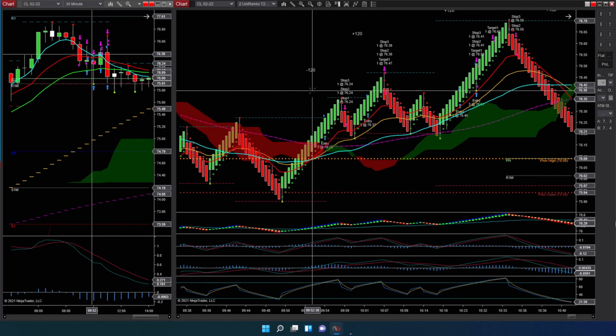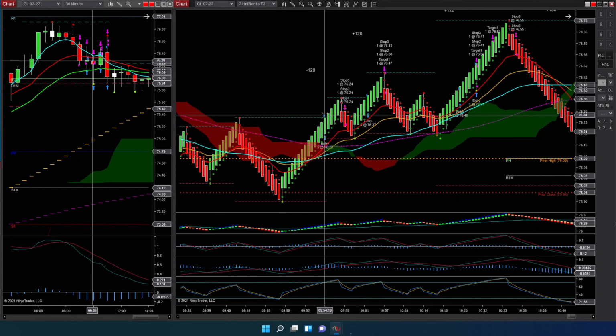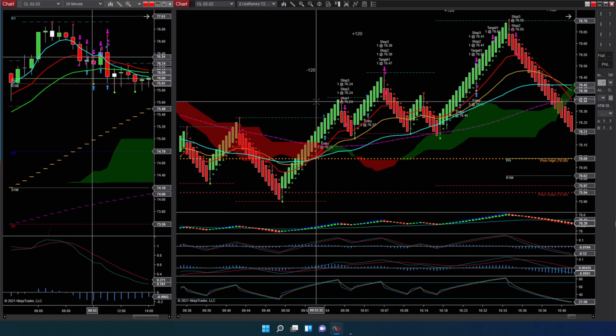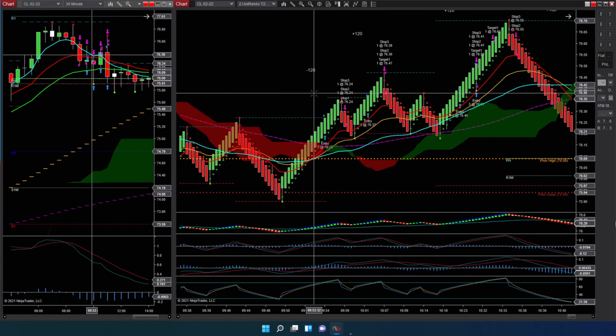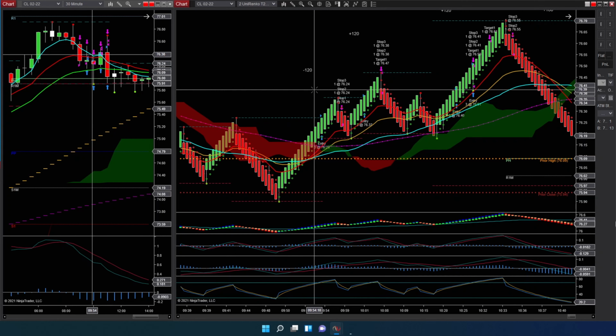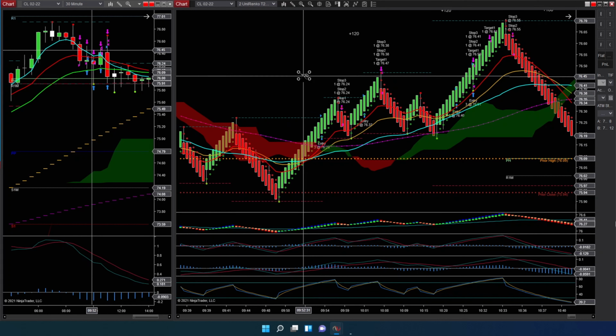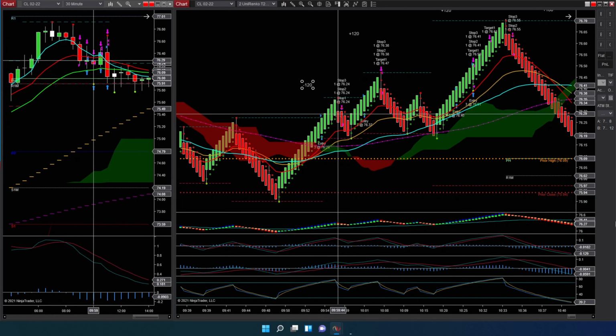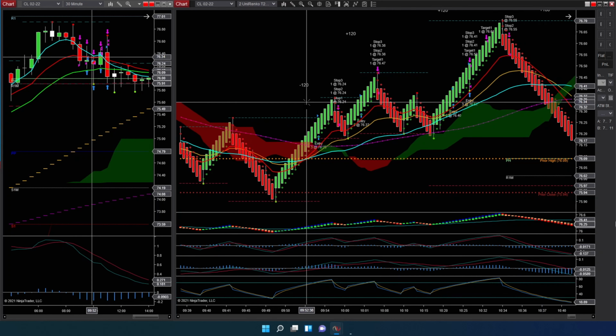Let me see. It reversed on me on the first candle, so it was a loss actually. It's $40 per contract lost, so $120. Now I'm looking for longs. So that break was not good, but it was not that bad either.